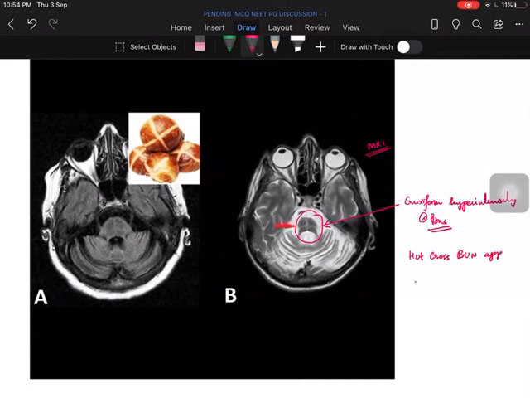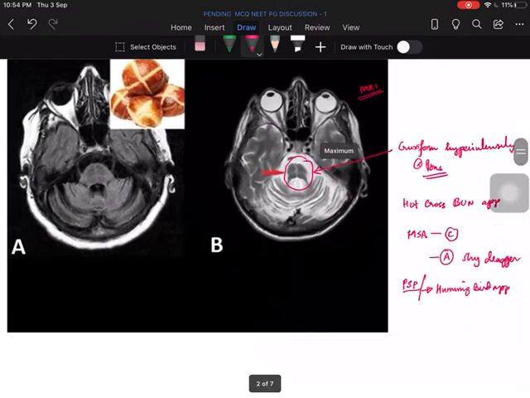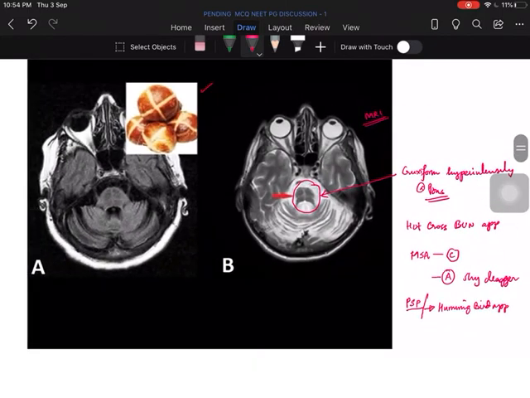This is seen in multiple system atrophy type C, the cerebellar type. Multiple system atrophy type A is also known as Shy-Drager syndrome. The other Parkinson plus syndrome is progressive supranuclear palsy, also known as Steele-Richardson syndrome. Here you see a typical hummingbird appearance on MRI. This one is the hot cross bun appearance.